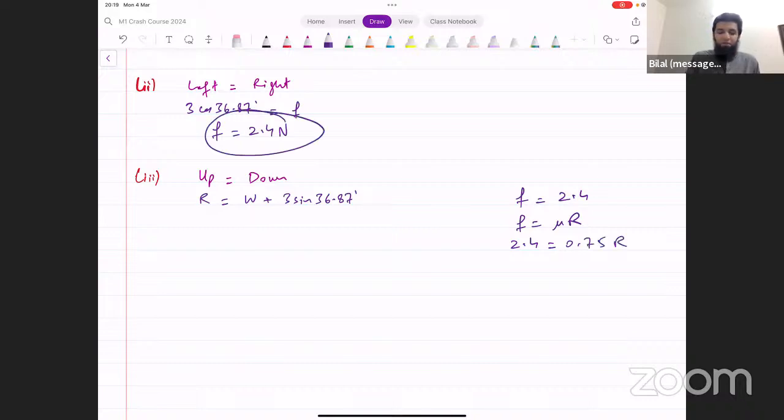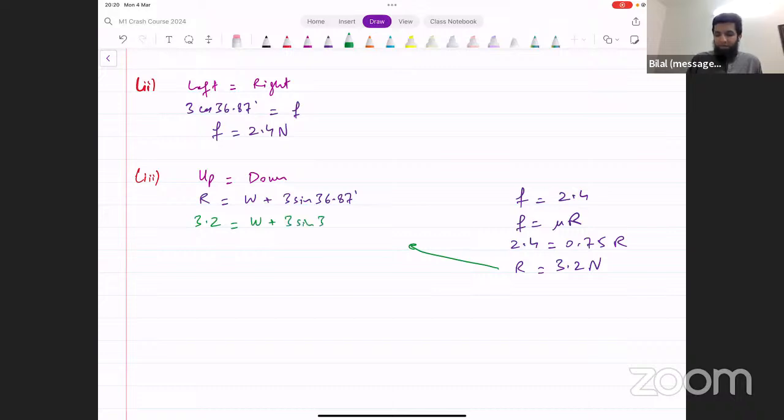Using friction and the value of mu, we can find R. What does this turn out to be? 2.4 over 0.75 is 3.2 Newton. You put that here, and that gives you 3.2 equal to W plus 3 sine 36.87, and that should give you the value for W.